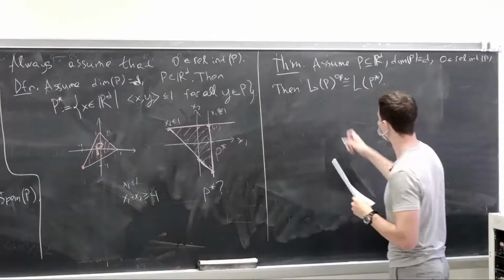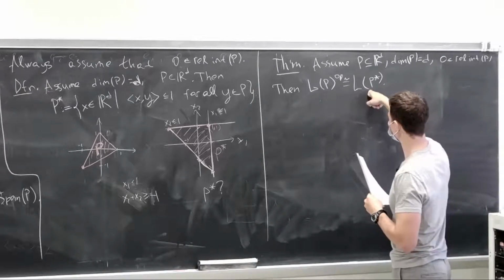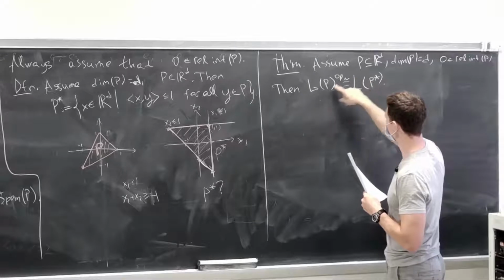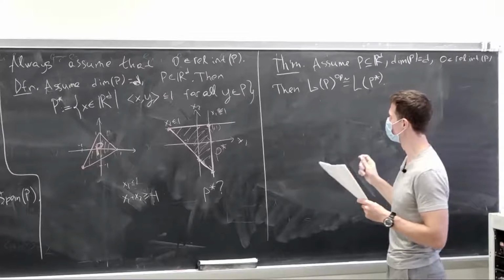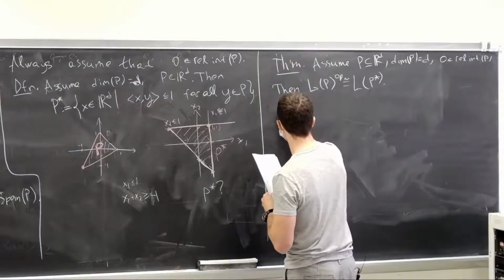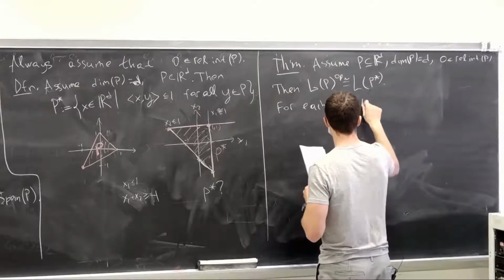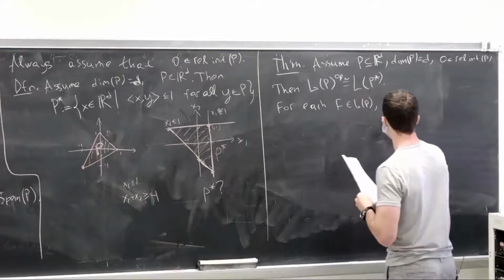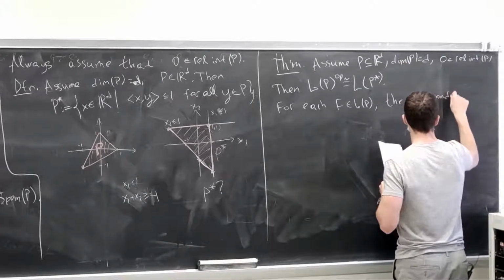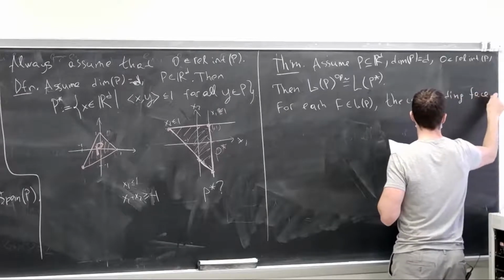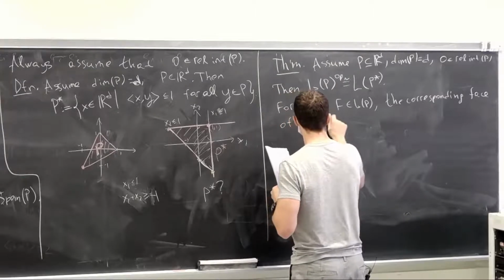So that's one point, and I have to specify a bijection. This isomorphism means there is a bijection between the faces of P and the faces of P star. So what is this bijection? For each face of P, the corresponding face of P star is what?